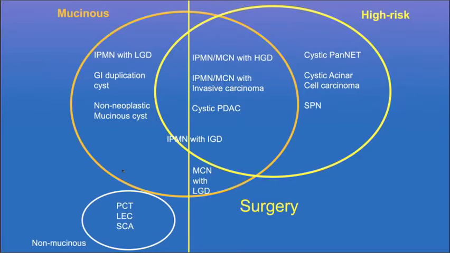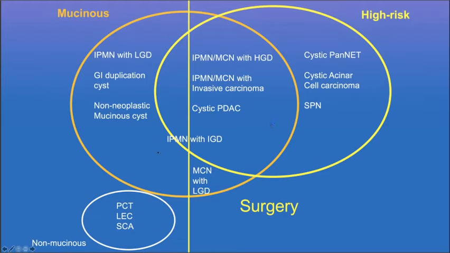Because if we can distinguish mucinous on the one hand and high risk on the other hand, or high grade epithelial atypia is present in our cyst fluid, then we can stratify those cysts that need surgery. We can separate out our non-mucinous cysts from our mucinous cysts that are low grade and can be monitored conservatively from our high risk mucinous cysts and non-mucinous cysts that need surgical resection.